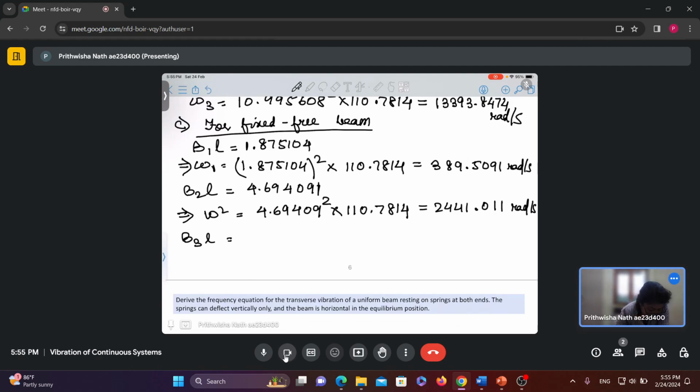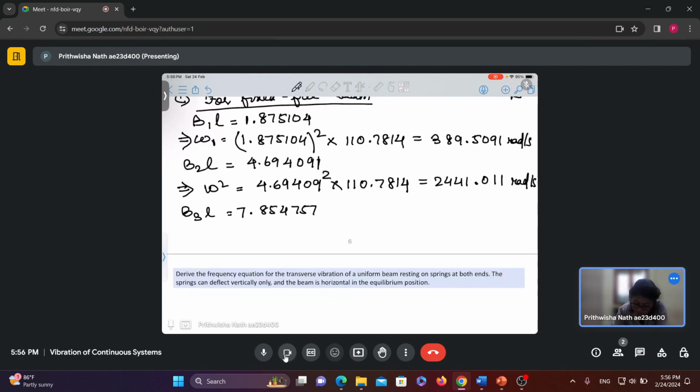Beta 3 L is given as 7.854757. Therefore omega 3 is given as 7.854757 whole square into 110.7814.